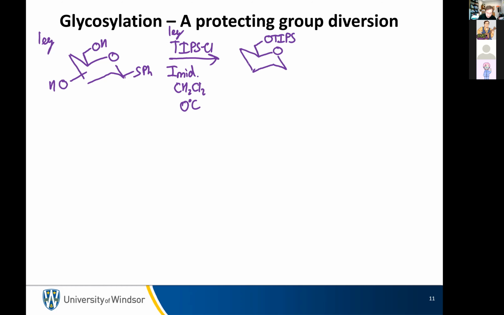Yeah, you're going to put it on there and you're not going to touch anything else. Now, do you think you would get the same selectivity if you did this with one equivalent of TMS chloride?